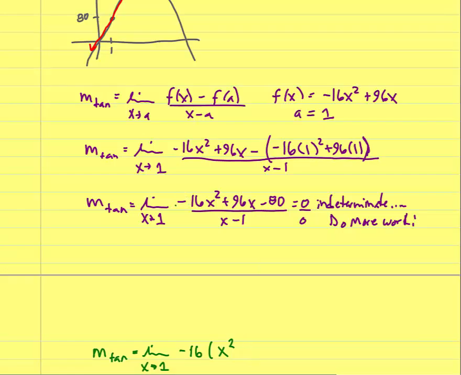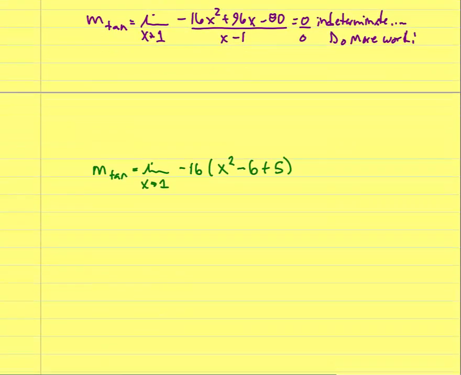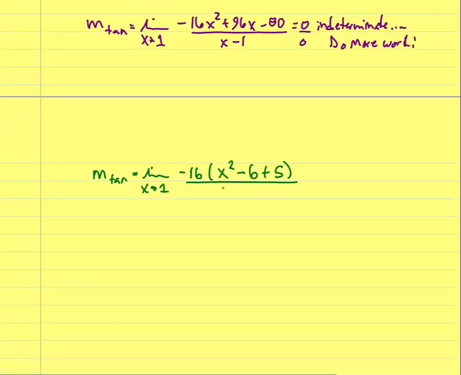Now I'm factoring out a negative, so a negative times a negative would give me a positive. So I have a negative, and then 16 times 6 is going to be way too high. Let's think, 96 divided by 6 would be 6. Yeah, 6 isn't too high. That would work. And then, I factored a negative away, so this would be a plus 80. Wait, 16 times 5 is 80, so this would be a plus 5. And this is all over x minus 1.